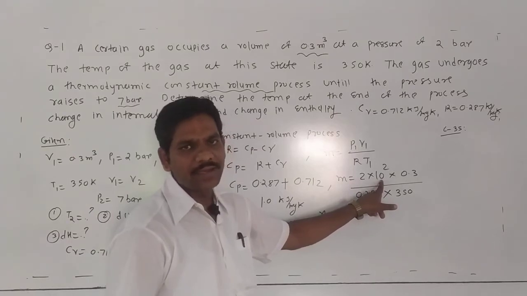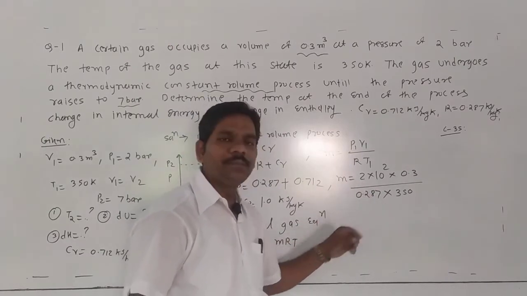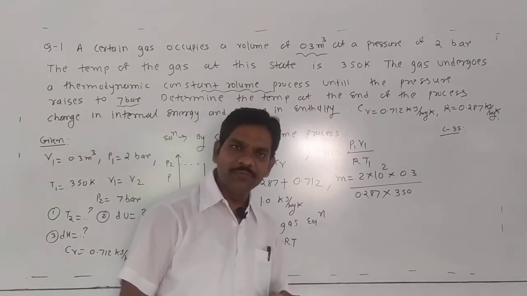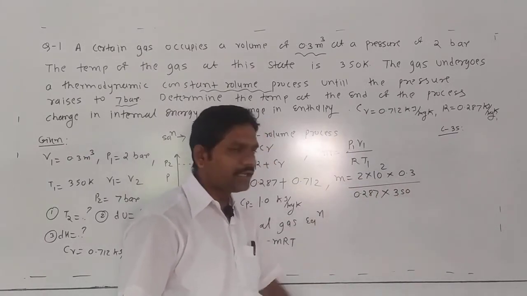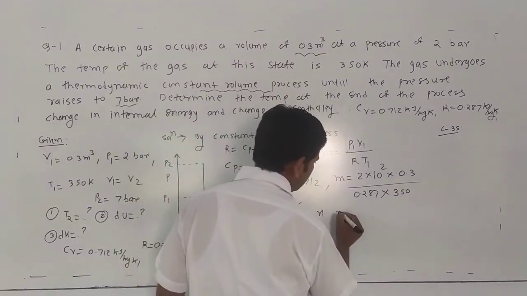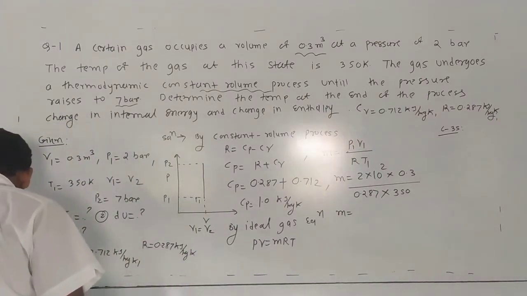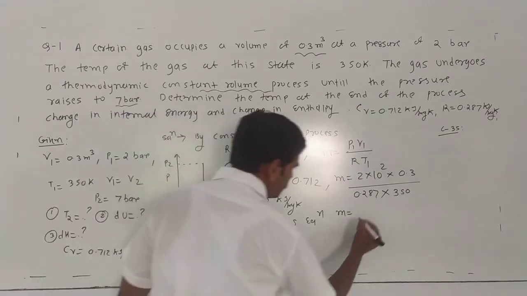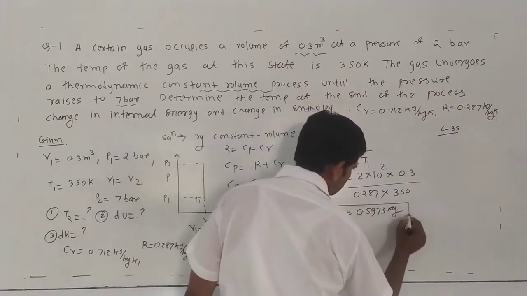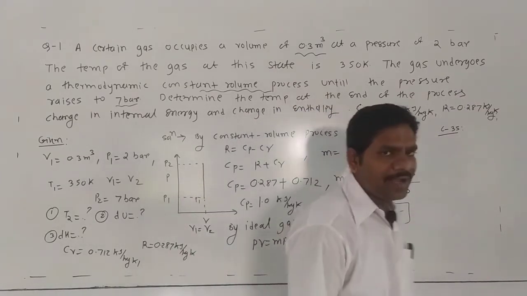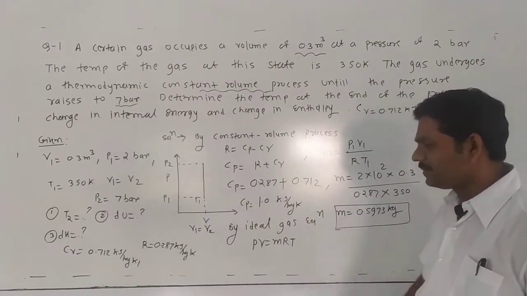Volume V1 is 0.3, upon R which is 0.287 multiplied by T1, 350. Pressure in kilopascal and gas constant in kilojoule have the same units, so we can use them here. Do this calculation and determine the value of m. The value of m is 0.5973 kg. This is the mass of the gas present in the thermodynamic system.